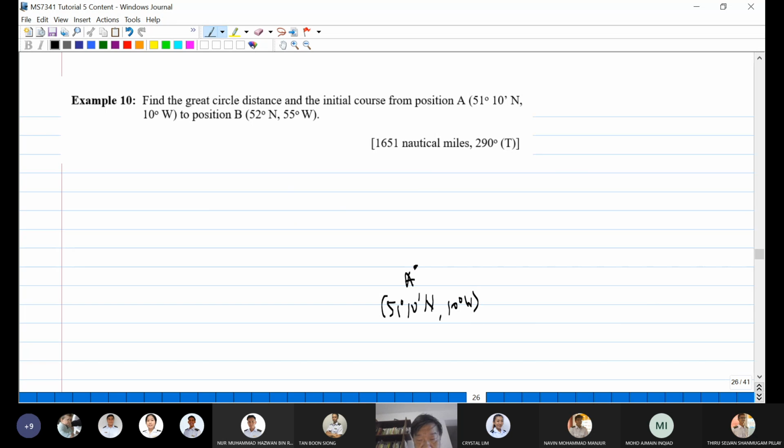Move to point B, okay? So you continue to move to the west side, see? The west side, go to the west. Okay, so actually point A is here. A is here, 51 degrees 10 minutes north, 10 west.